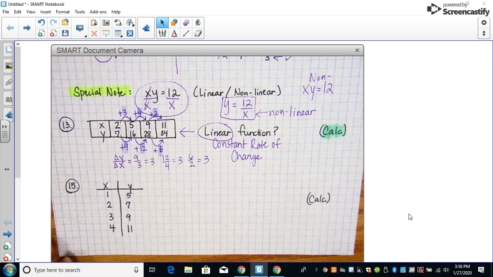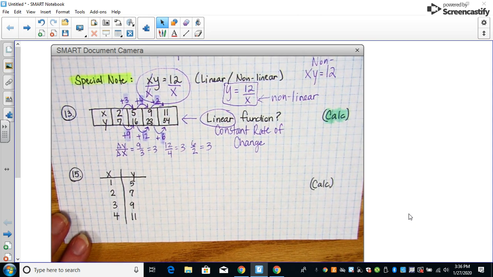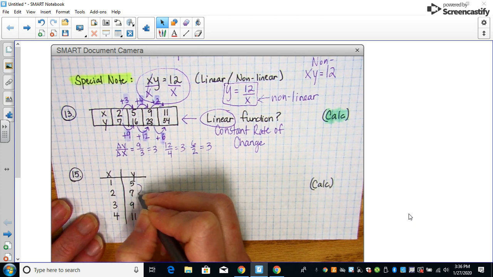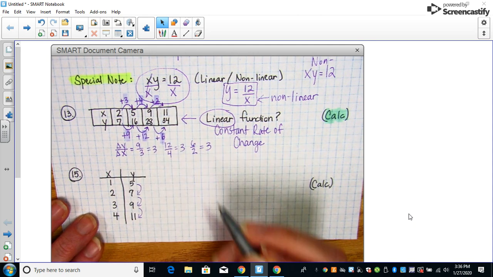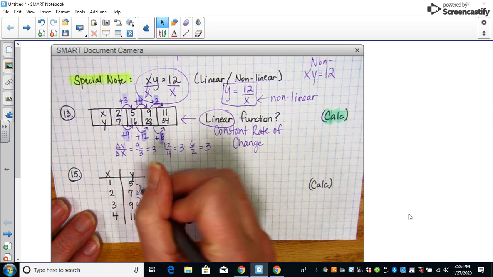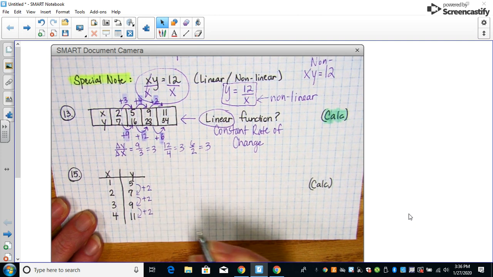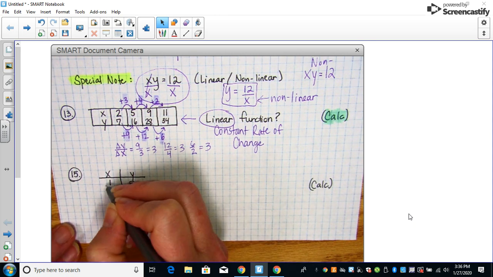So be super careful. Finally, this one is another calculator active, but I'm surprised that we had trouble with this. We're going to draw in our humps to investigate like we did up here. Remember, we're looking for a constant rate of change. And this is a plus 2, a plus 2, a plus 2. It's looking good so far. It looks like a constant rate of change to me.